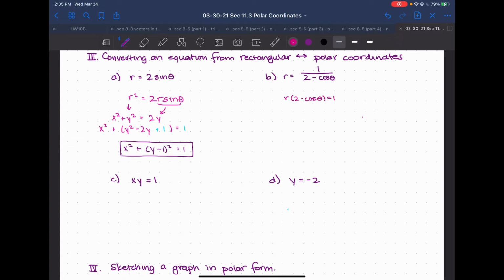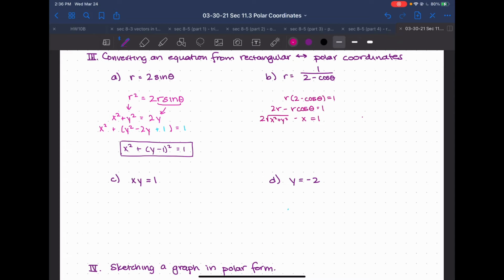If I distribute, then I get 2r minus r cosine theta equals 1. So I can see the r cosine theta. That's nice. Now over here, let's see. I know that r is the square root of x squared plus y squared, and then r cosine theta is x, and now I'm good. I have it all in terms of x and y.